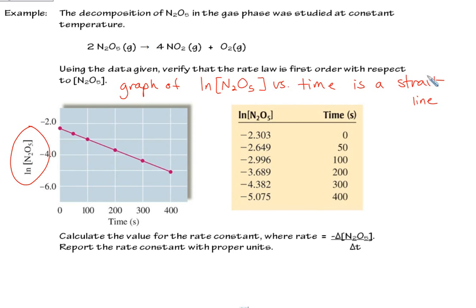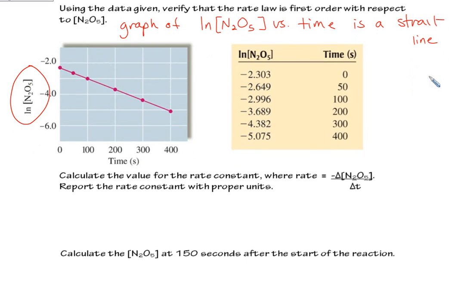What else can we do here? Calculate the value of the rate constant, where rate equals the opposite of the change in concentration versus time. Report the rate constant with proper units. Now, technically, it would be better if this said natural log, because we're looking for the slope, but it's natural log of the concentration versus time.